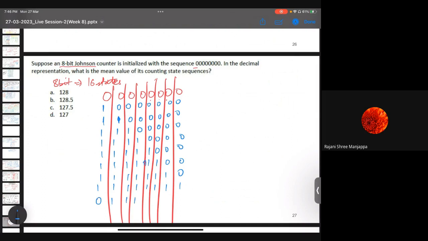Zero. I'm writing the rest of the states here, 0, 0, 0, then 5, then... Is it fine? All the possible states, there are 16 states. Is it fine?